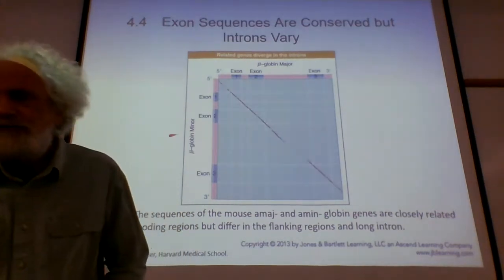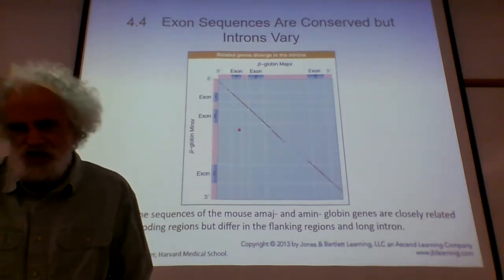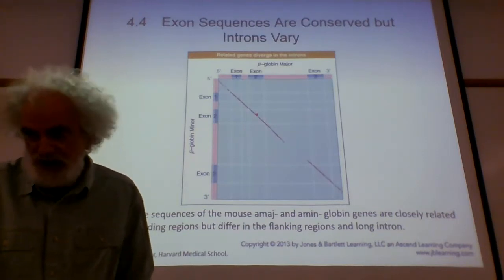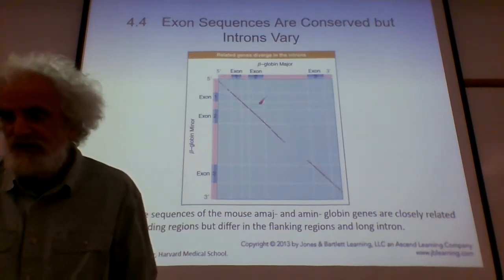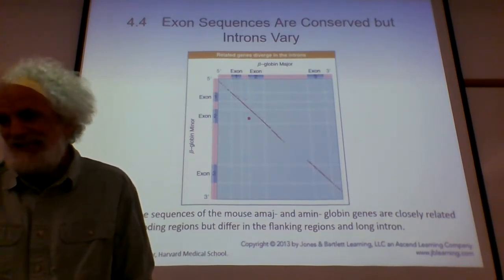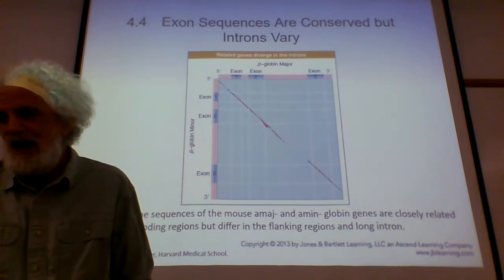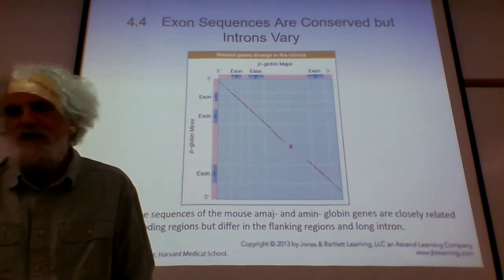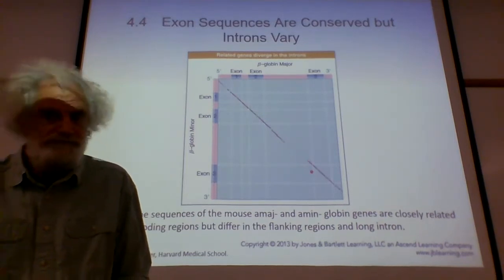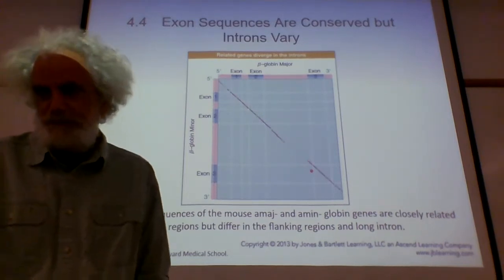And when we look here, we see that looking at two homologous genes that are closely related within the mouse, in this case, they've got very conserved regions in the different exons, but in the introns we have significant sequence divergence. And this makes perfectly good sense here.